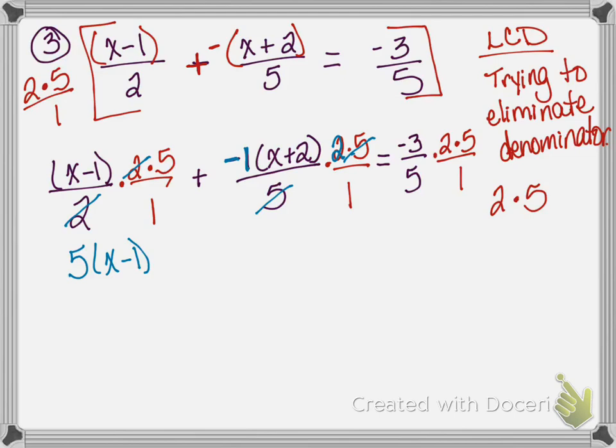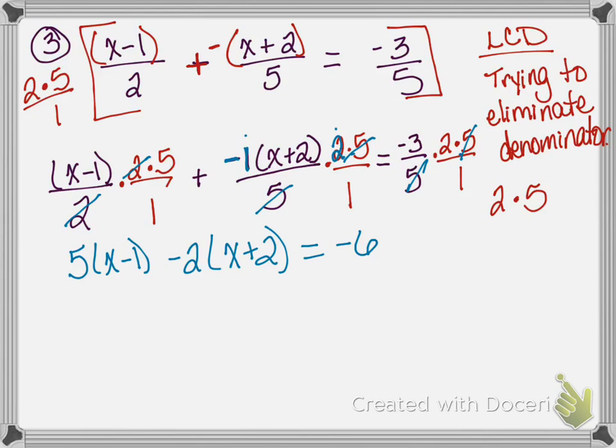I have to distribute both of those, so be careful there. So this becomes negative 2 times x plus 2. And I got that by multiplying negative 1 times positive 2. Okay, and so I'm actually distributing a negative 2. For my last one, I have 5s that clear out. I'm left with negative 3 times 2, and that gives me negative 6.